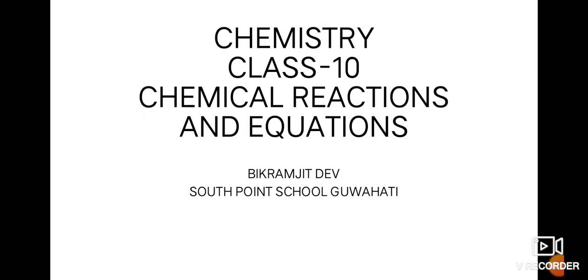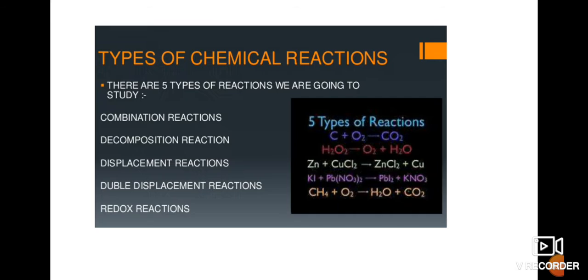Hello students, this is your second video in relation to the chapter Chemical Reactions and Equations. As we have studied in our last class about balancing chemical reactions, today we will proceed with types of chemical reactions.